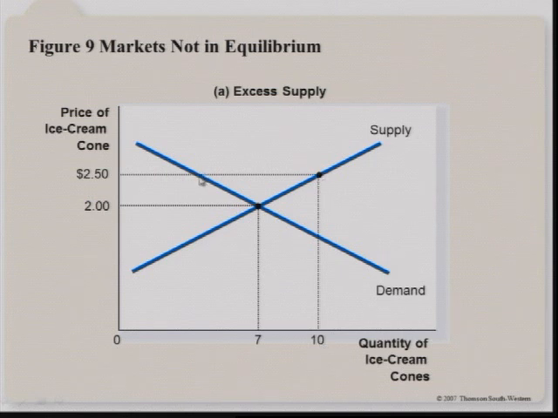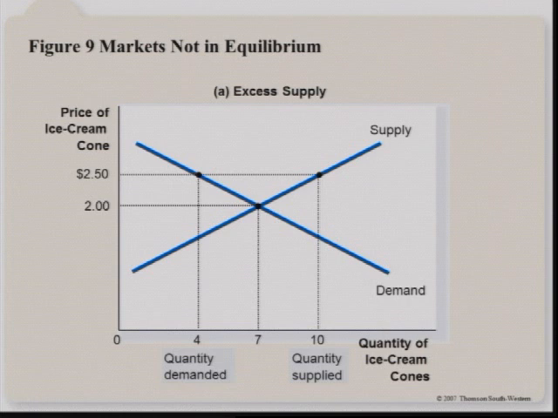Okay, what about consumers? Not so happy about higher prices, right? At $2.50, let's see where it hits demand. Along the demand curve, at $2 it was 7. At $2.50, it's going to be way less. At higher prices, consumers are willing and able to buy less than before. See, that number is 4 on this graph.